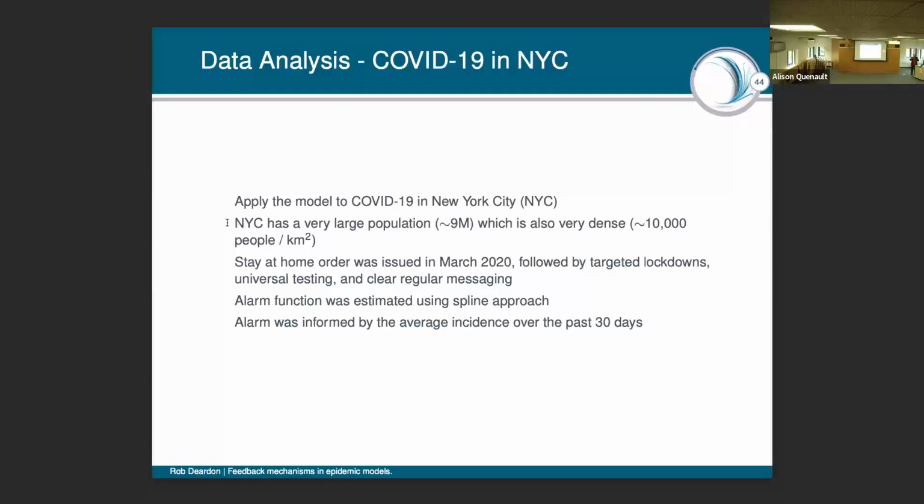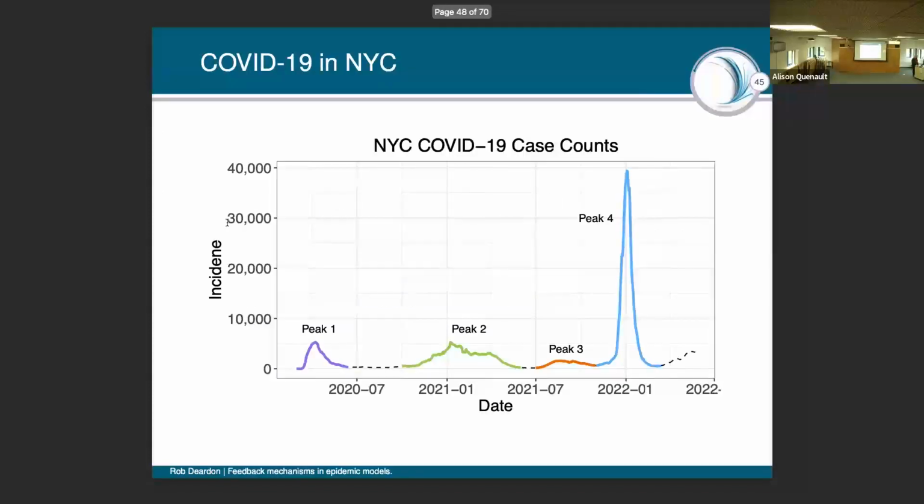They brought in lockdown measures, so people were staying at home and all of that sort of thing. She took the data from the first 18 months and broke it into 4 peaks. So you can see Omicron over there. And like I say, the initial peak there was much worse than it was in Calgary. And then fitted our alarm or the various models to these different peaks.